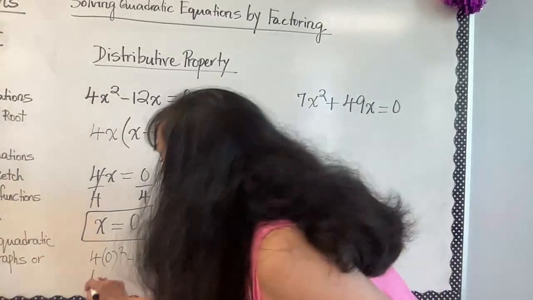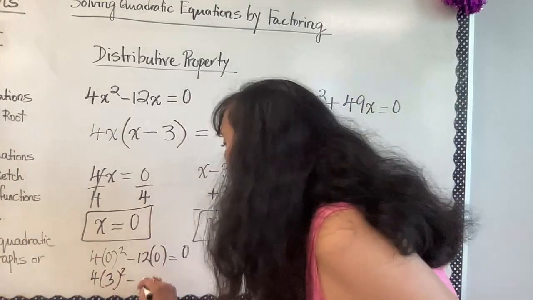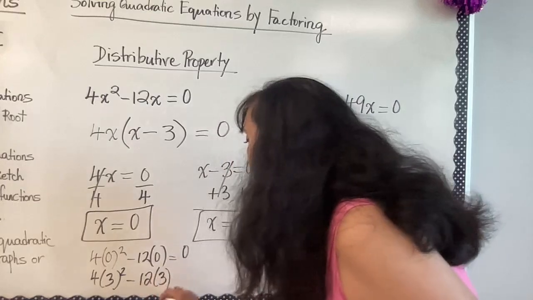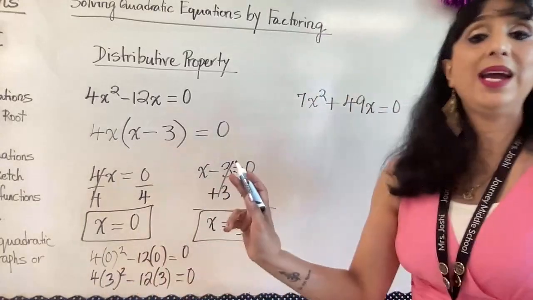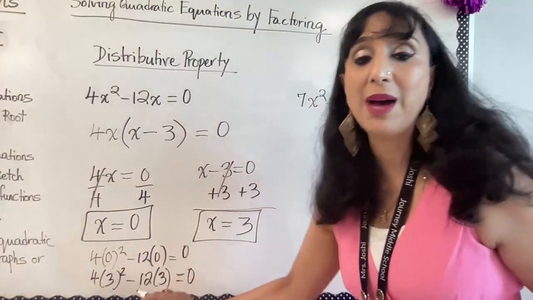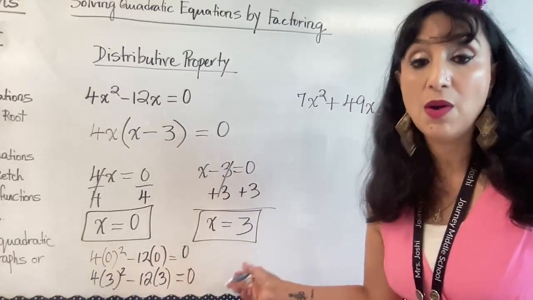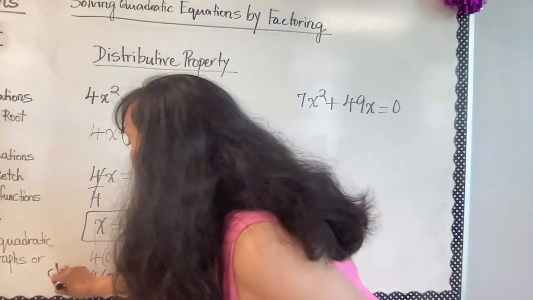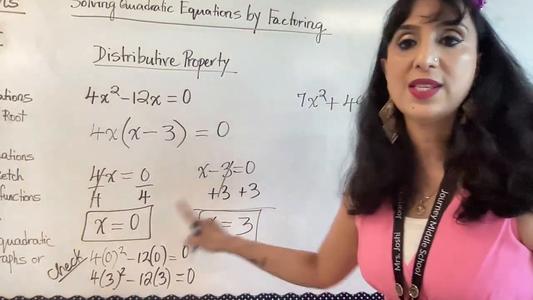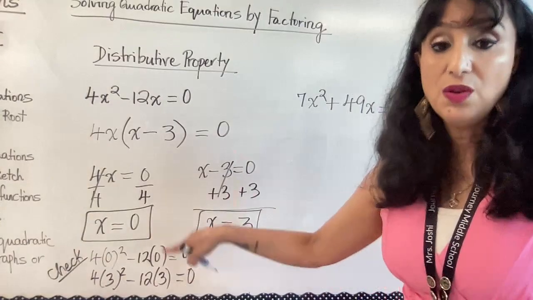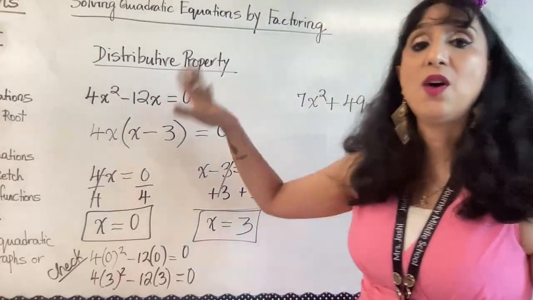Here's my other solution: 4 times 3 squared minus 12 times 3 should equal 0. 3 squared is 9, 4 times 9 is 36, minus 12 times 3 is 36, 36 minus 36 gives me 0. So the best way to check is to substitute the value back into the equation for the solutions that I have found, in order to see if it is the correct solution, all right? And that is how we solve this.